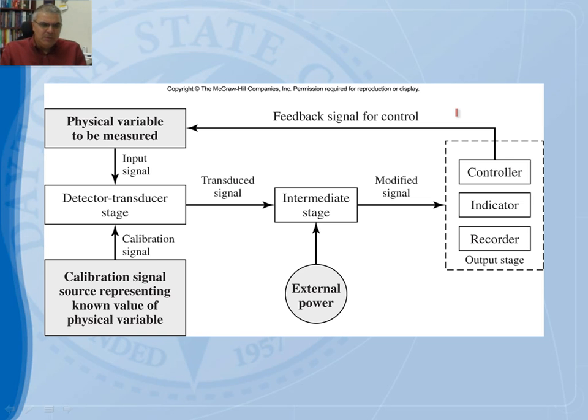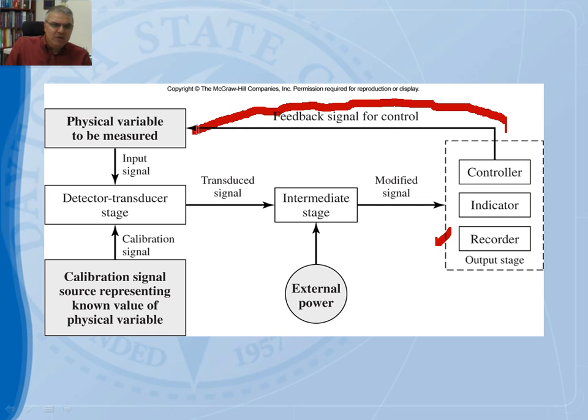It's going to go into an intermediate stage, and from there it is going to modify the signal. It's going to go into a controller, indicator, recorder. Now there is a feedback control here. The signal would be taken here as a feedback signal for the control. It's going to go back to the physical variable to be measured.